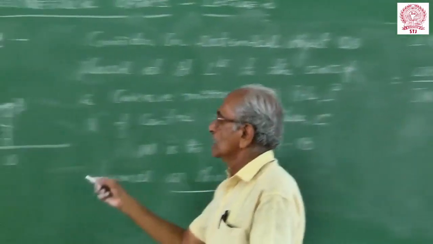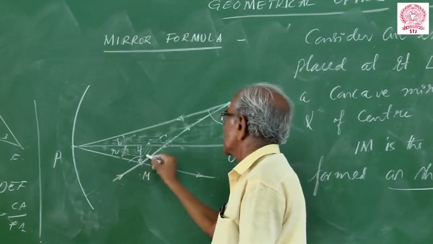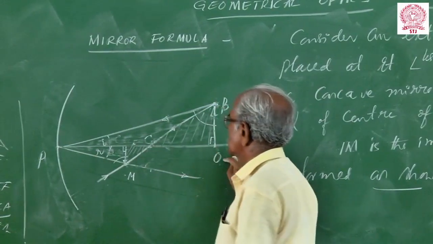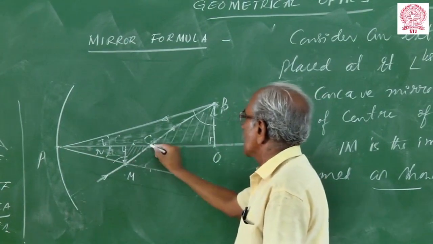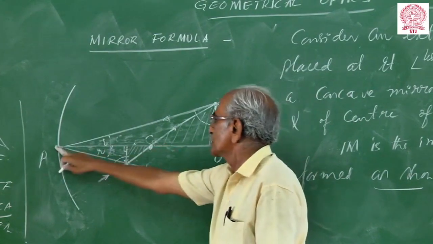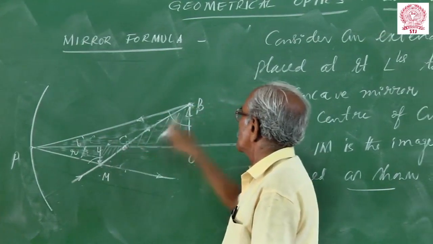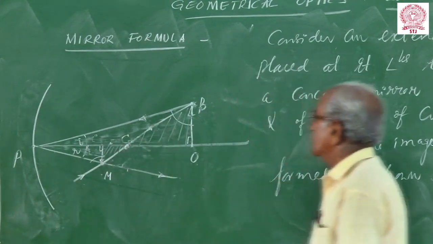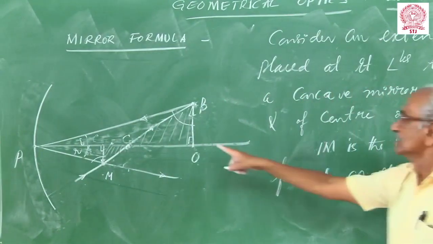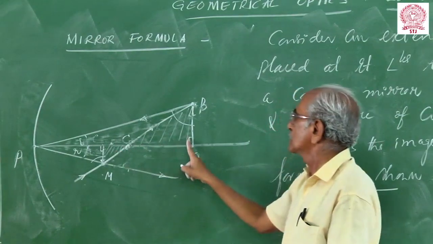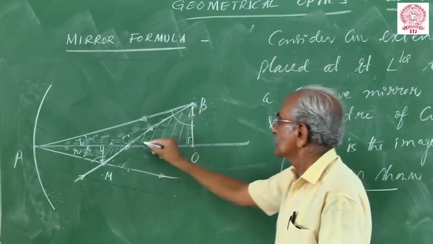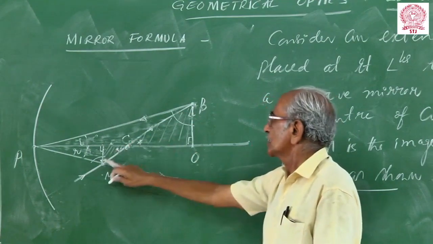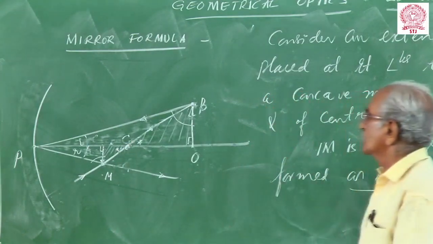Again, consider the other two triangles. Triangles formed again by the object and the image, but another fixed point. This is a fixed point, this is a fixed point. Object forms a triangle at this point, image at this point. So therefore, the angles: right angle, this angle here, vertically opposite angle, equal. So two angles are equal means the third angle is necessarily equal.